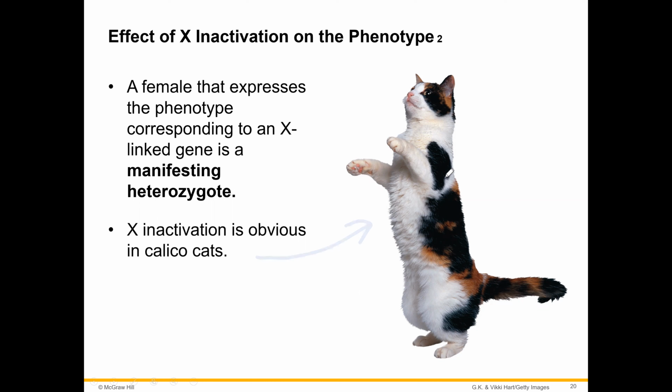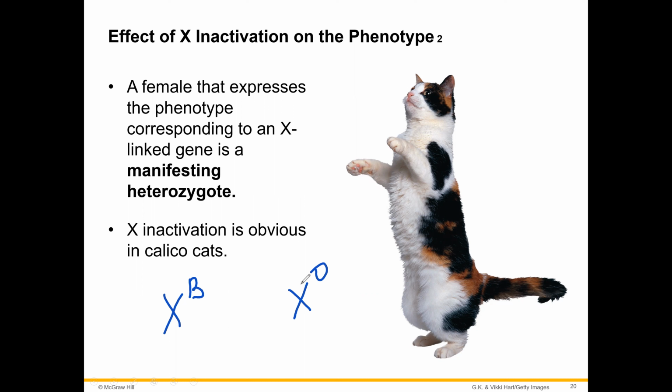Because they have black and orange pigment, and of course white. The black color is X-linked. So on the X chromosome we have black, and on the X chromosome we have orange.